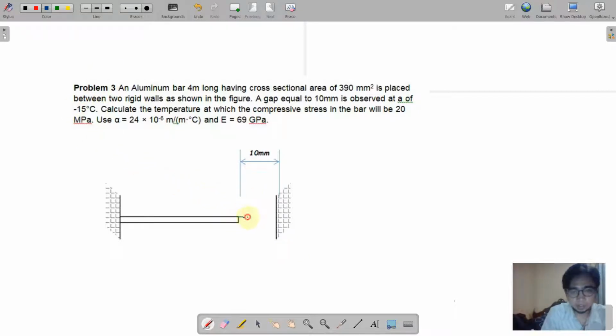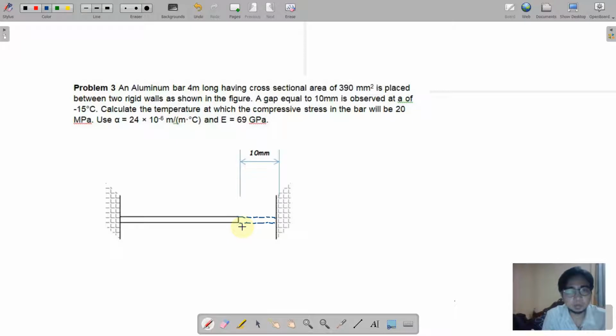So let us increase this temperature. If I increase the temperature so that this material would just fill the 10 mm clearance here, there will be no compressive stress yet because there is no push on this material. It is just stretch because of the increase in temperature.